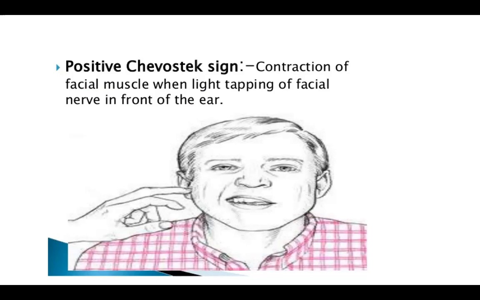So why are these signs elicited, and what do they show? Hypocalcemia. We all know that calcium is an important ion in nerve conduction, and its low concentration causes nerve irritability and muscular spasm.